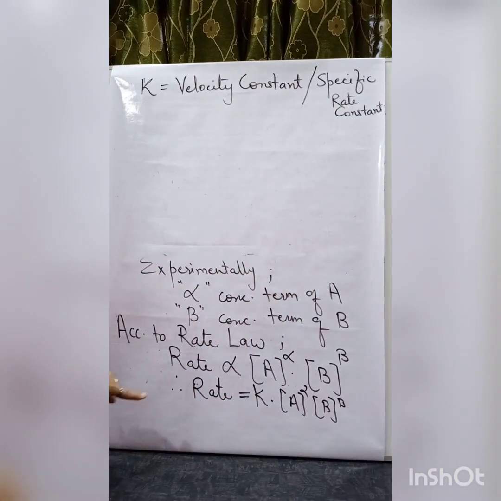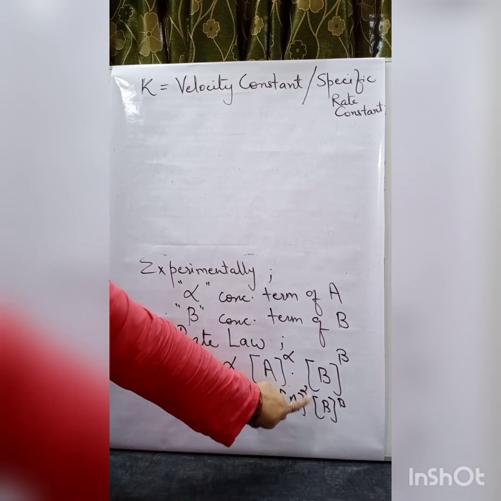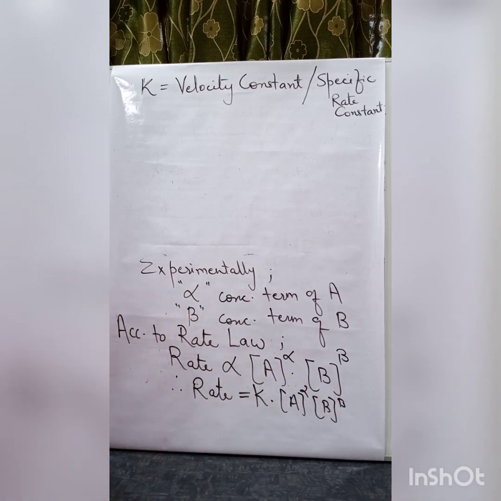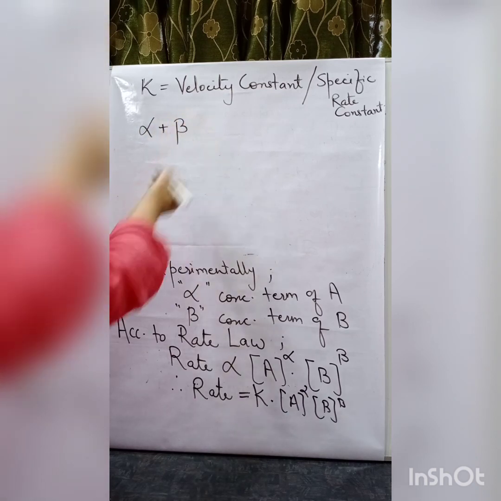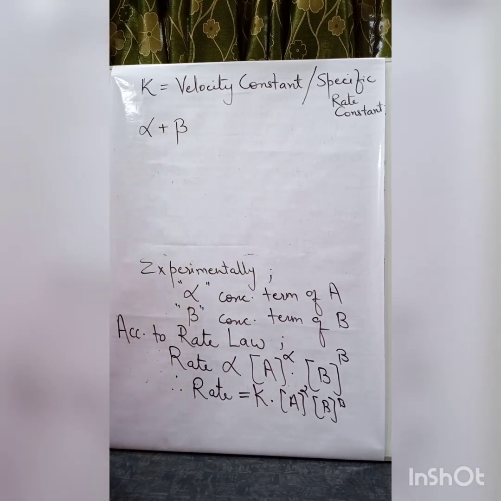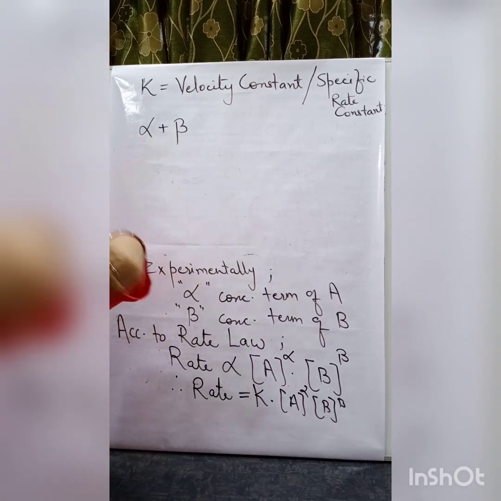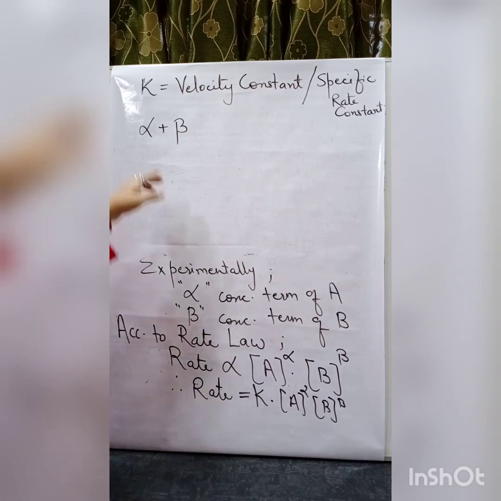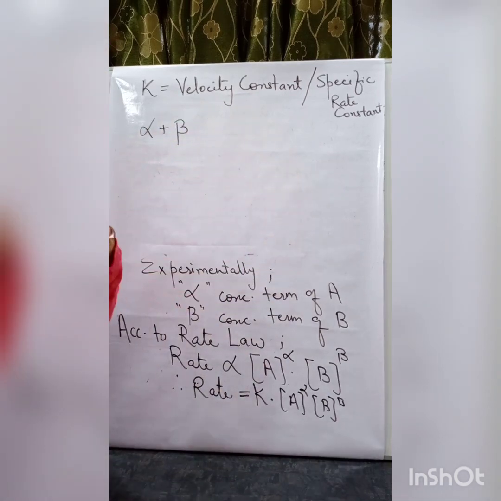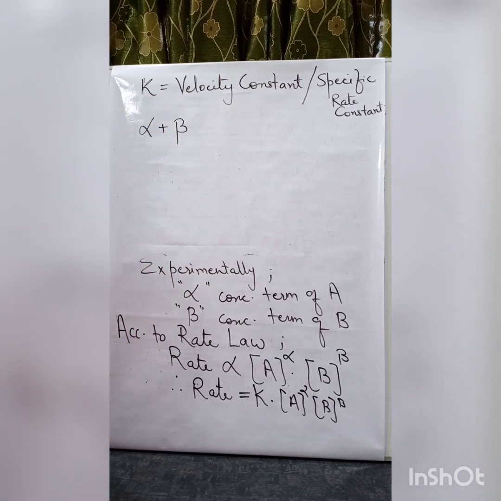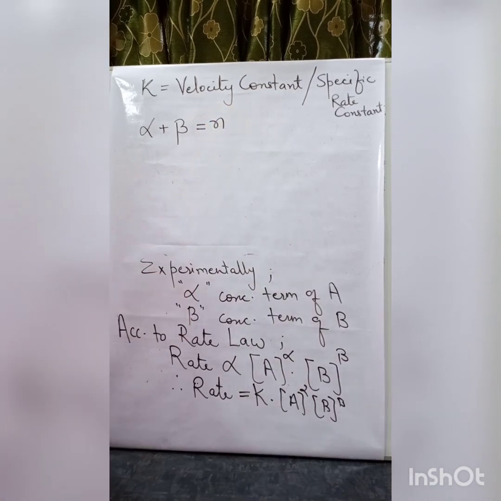Now from the differential rate law, rate is equal to k into A raised to alpha, B raised to beta. Consider the sum of these concentration terms, alpha plus beta. Here we have two reactants involved, that is why we write alpha plus beta. In case you have four reactants involved, you will have alpha plus beta plus gamma plus omega and so on. It depends upon the number of reactants. Let me denote it by the letter n.